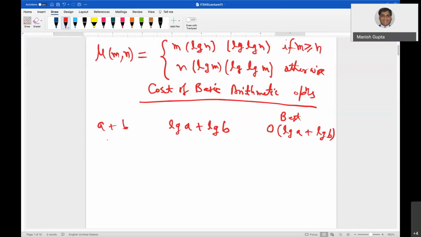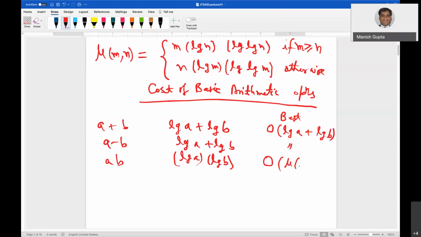Similarly, subtraction a minus b is log of a plus log of b, and the best known is the same thing. Multiplication is log of a times log of b, and the best known is big O of mu of log of a comma log of b.